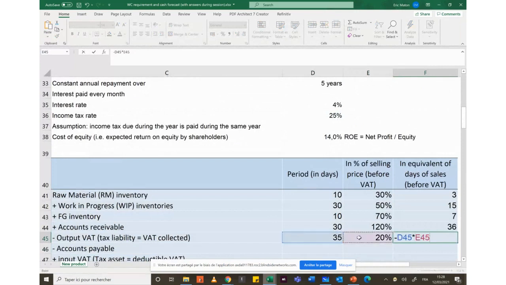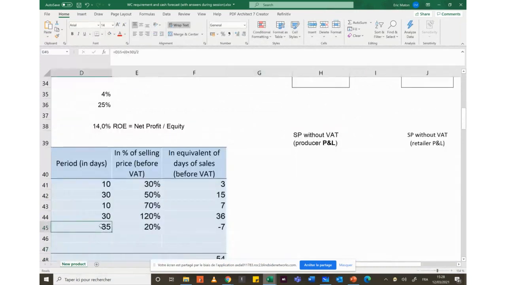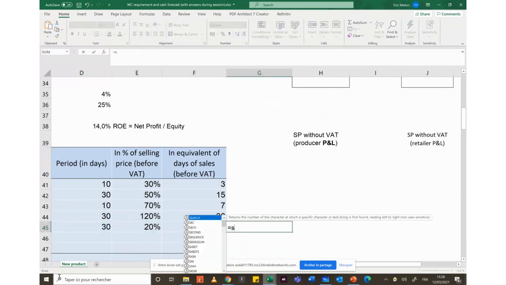So if we give back the VAT at the moment we collect the VAT, if we have the same period, 30 and 30 here, we can take directly without VAT. If we have 30 in this one and 30 in this one, you can say directly it's without VAT, it's 30 days.